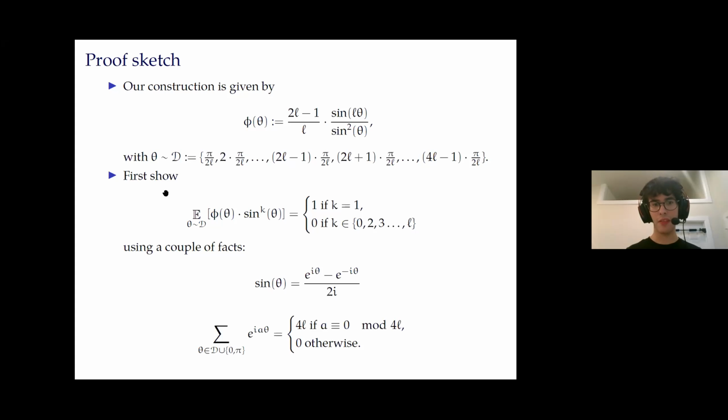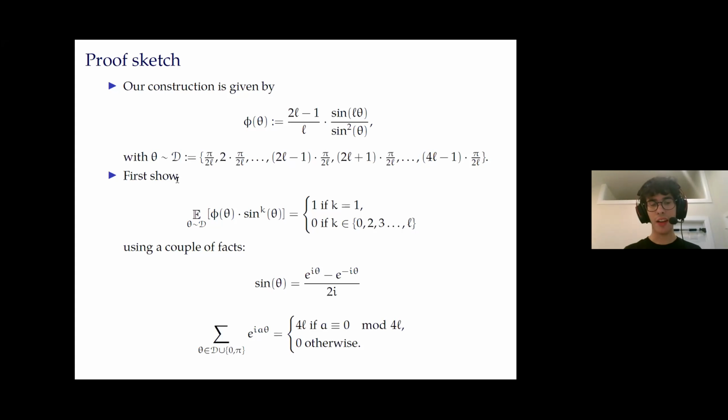We also use the fact that we have this geometric series here. When we add up over multiples of theta, it is either going to be L if a is 0, because every single term is 1, or it's going to be 0, because it cancels out across the circle.